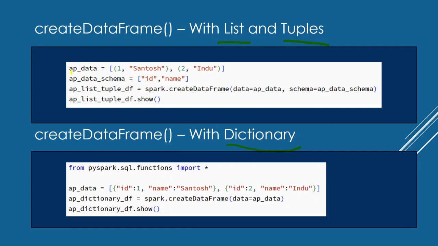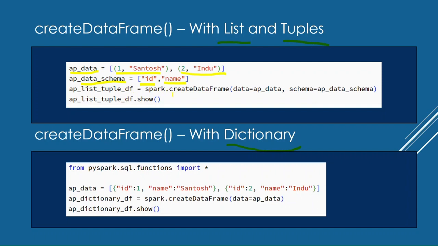Here I am creating a variable of a list type. I am creating two objects, this one and this one. I am also defining a variable which has the schema, and the columns which I am defining in this schema are ID and name.